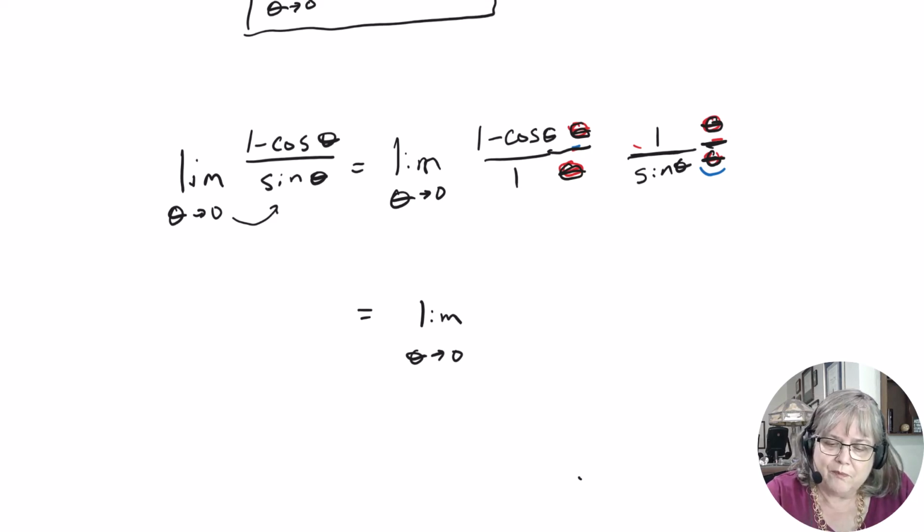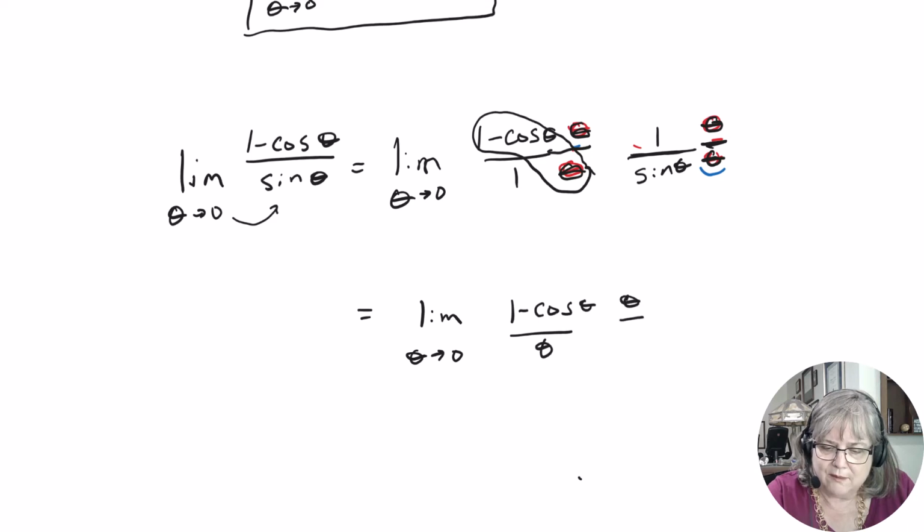So when you do this, what you're looking for is this 1 minus cosine theta pairing with your extra theta left over, this one. Then this pair makes another pattern.